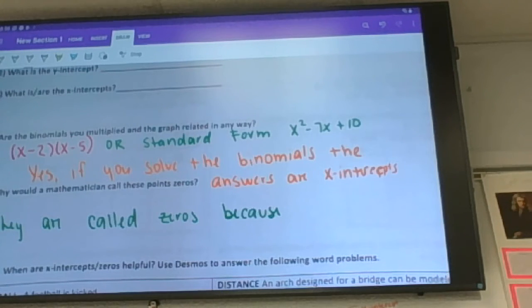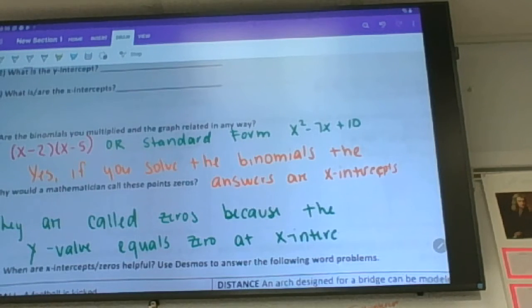They have zeros in them. Okay. So mathematicians decided to go ahead and call these solutions zeros because when you find them, your y value is 0. They're called zeros because the y value equals 0 at x-intercepts.